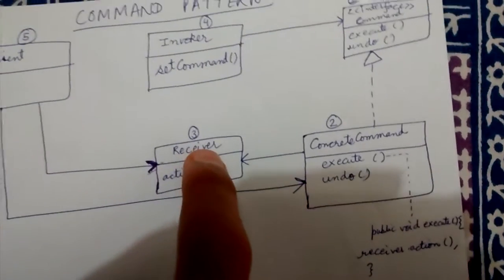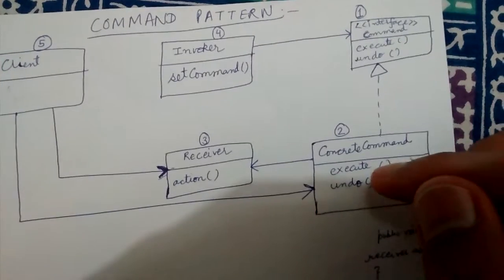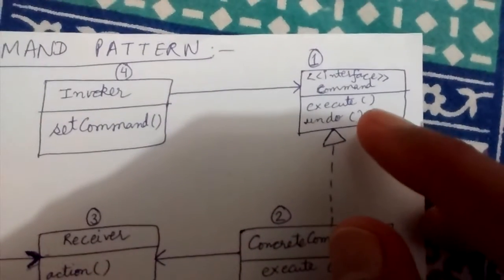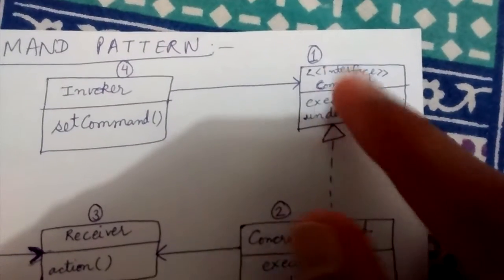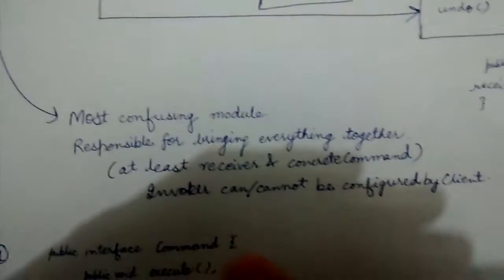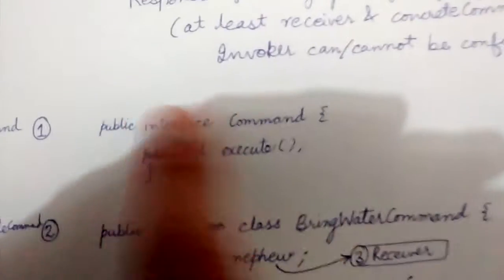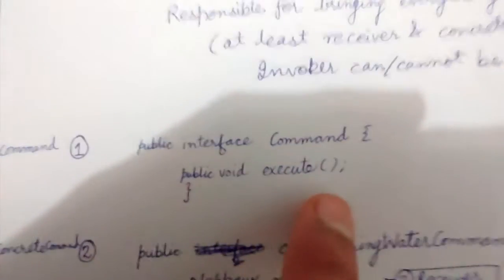Okay, so let's look at the code for a greater amount of clarity. First of all, we see the first module, which is the command module. Its code is pretty simple. There is just a public void execute method.